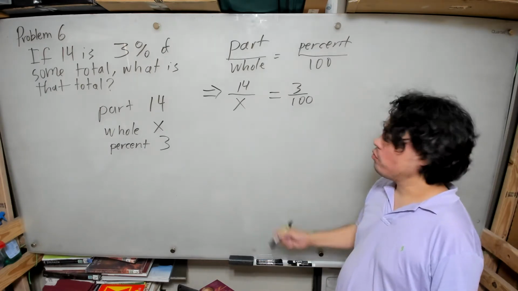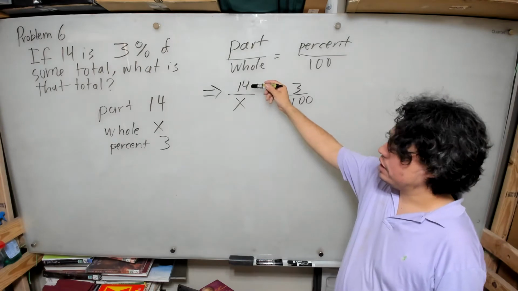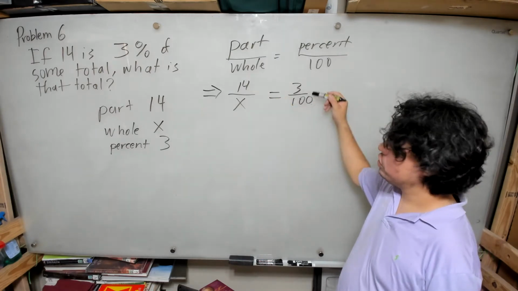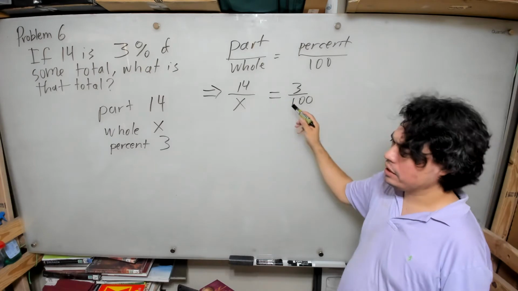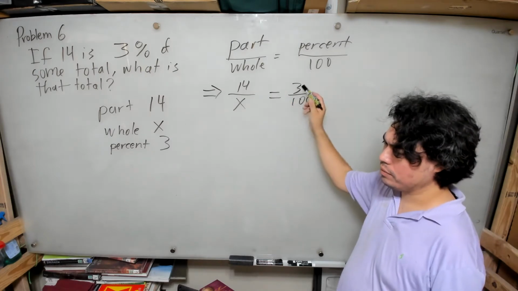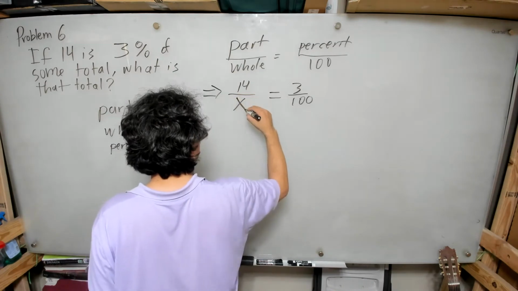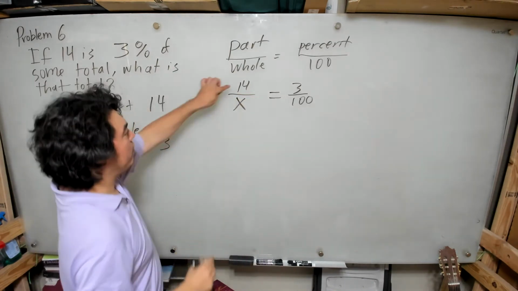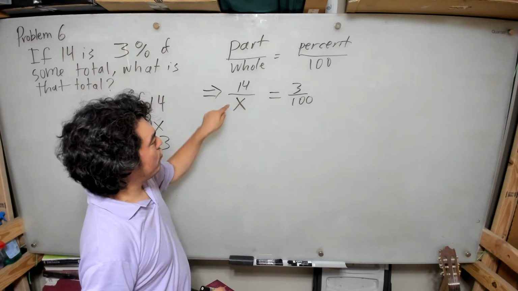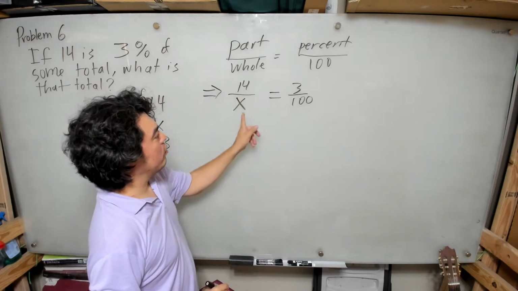And as we've seen before, we can solve it like this. If a over b equals c over d, then AD equals BC.